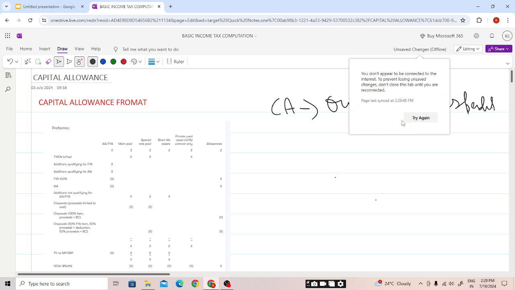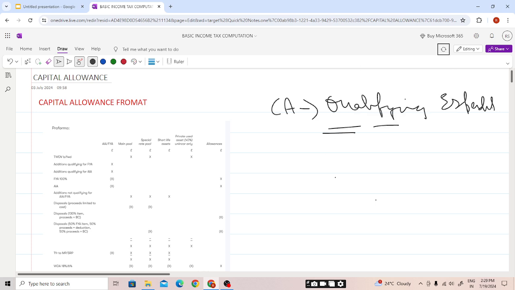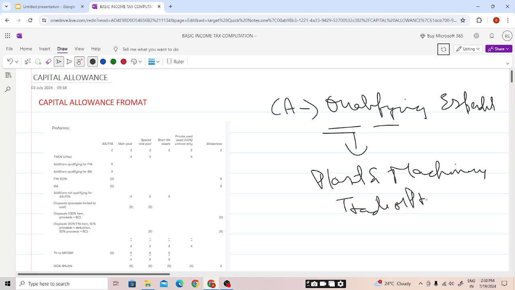Capital allowance will be available on qualifying expenditure, and we have already seen it. Qualifying expenditure means plant and machinery. Plant and machinery that must be used for trade or profession. I hope this point is clear. Capital allowances are available on qualifying expenditure. Qualifying expenditure means plant and machinery which are used for trade or profession purposes.